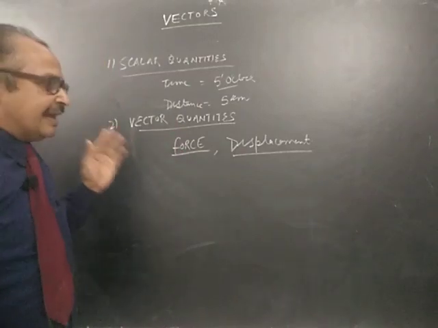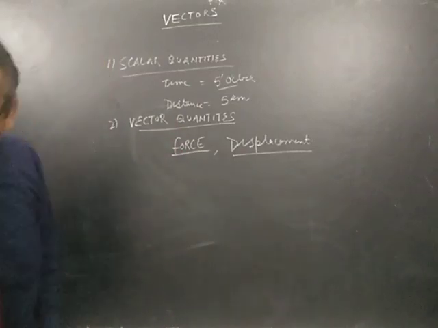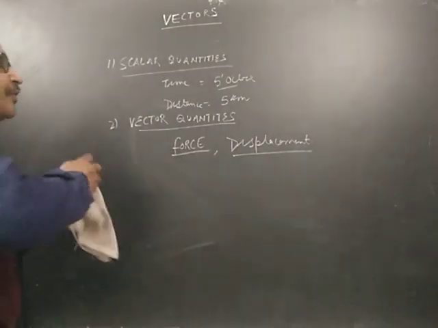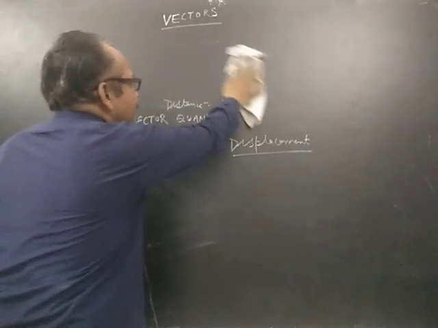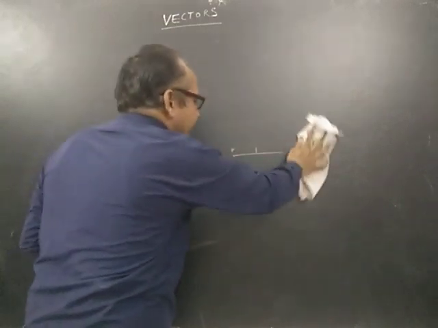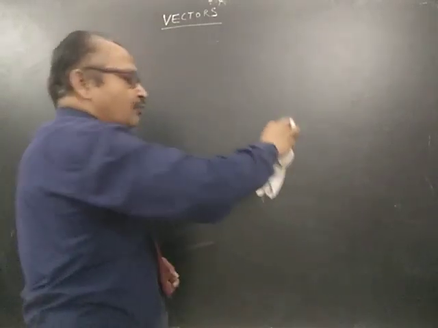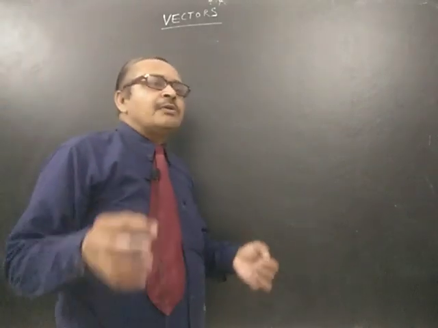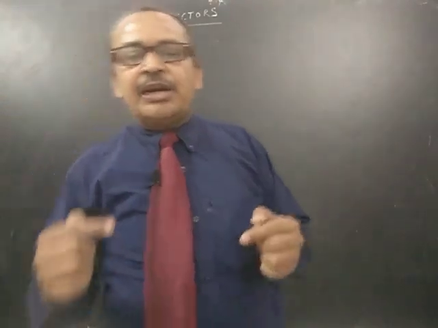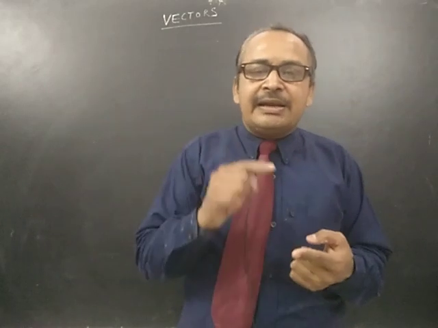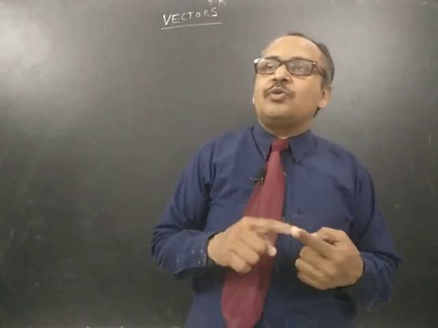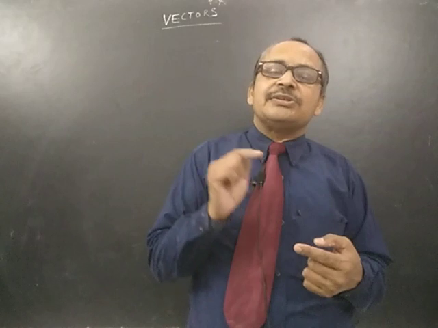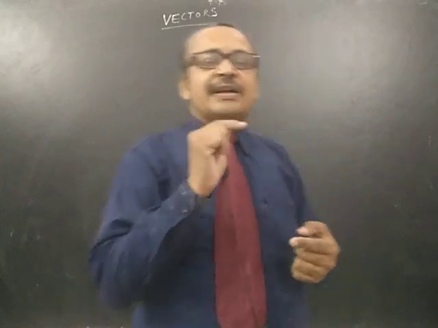So next we are going to discuss the different types of vectors. Now one thing, my dear friends, you should be very clear about is that when we talk about vector, we are talking about direction, and it is very important to specify the direction.